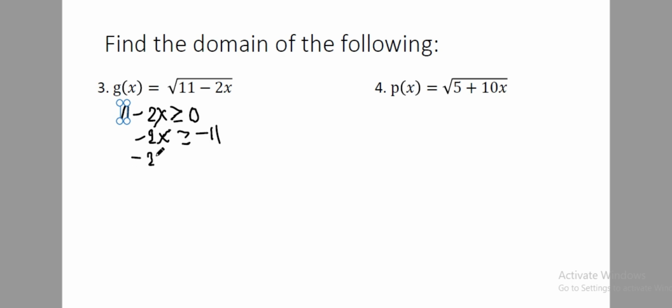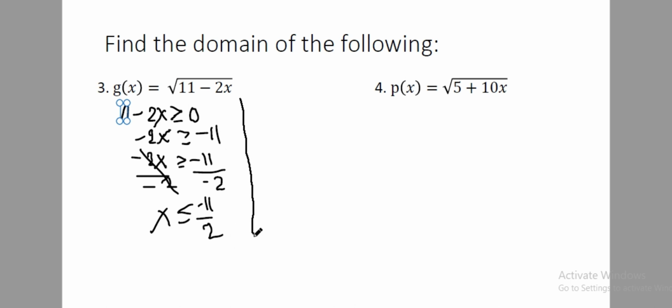Then we divide again by the coefficient of x, which is negative 2. By the rule of inequality, if we divide or multiply both sides by a negative number, the direction of the inequality changes. So from greater than or equal, it becomes less than or equal to negative 11 over negative 2, which is 11 over 2.